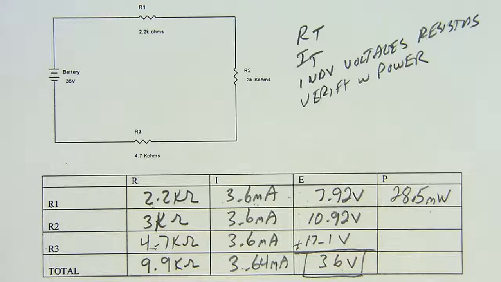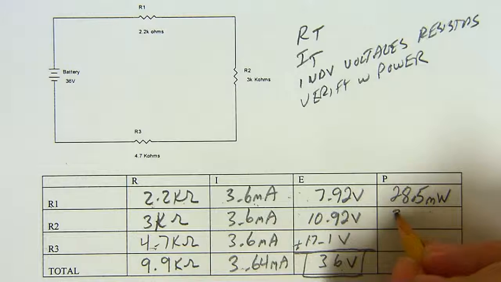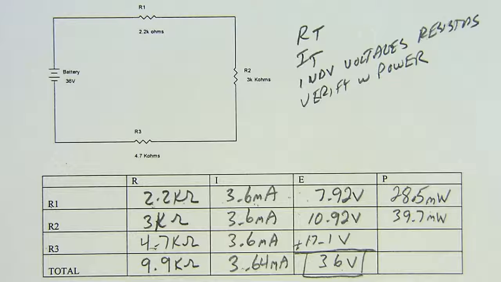R2, 39.7. 39.3. It's pretty close. And small errors of rounding are acceptable. Generally, if we're within 10%, it is acceptable because our resistor tolerances are usually 10%. For a straight calculation, they should be pretty small differences, but it just depends on where you round it.